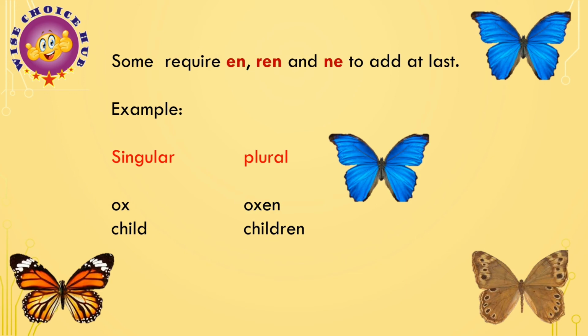The next rule is some nouns require en or ren to be added at the end to form a plural. For example, ox, you need to add en and make the plural oxen. Same goes with child, you need to add ren and make it plural as children.